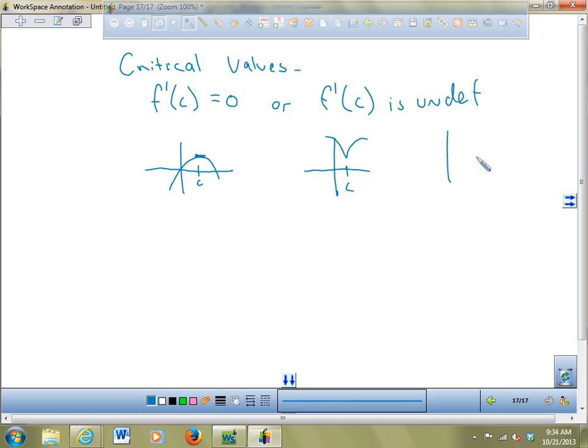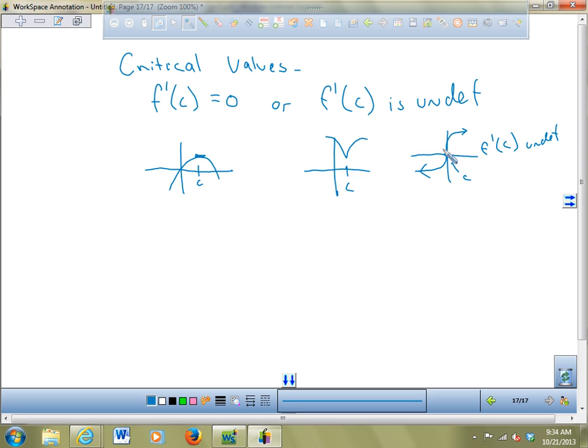But you could also have other things going on. If you do y equals the cube root of x, you get something that looks like this. This is a case in which f prime of c is undefined, and yet the function doesn't have a cusp, and you don't have a maximum or a minimum there.